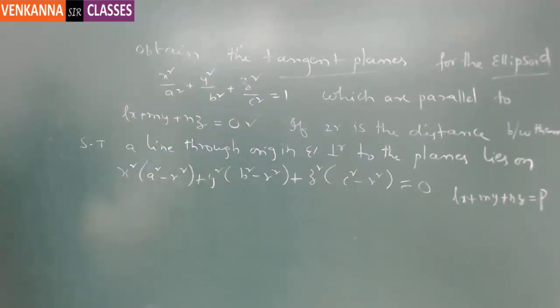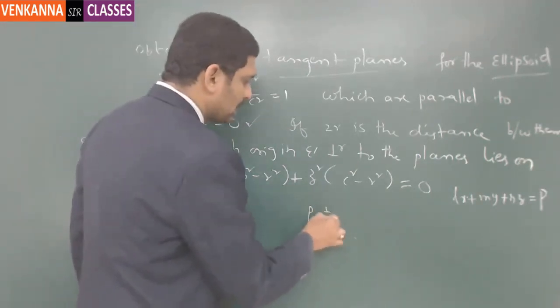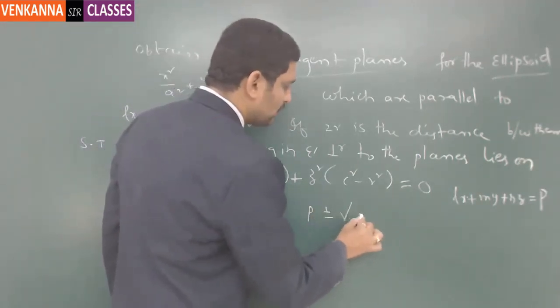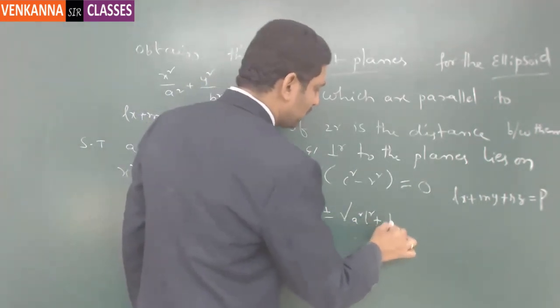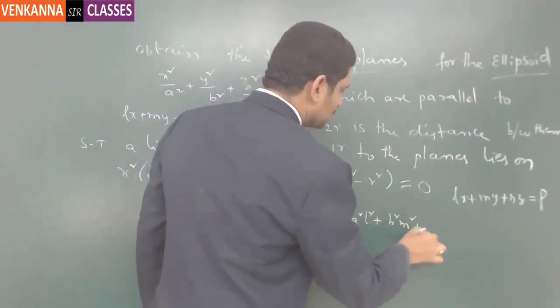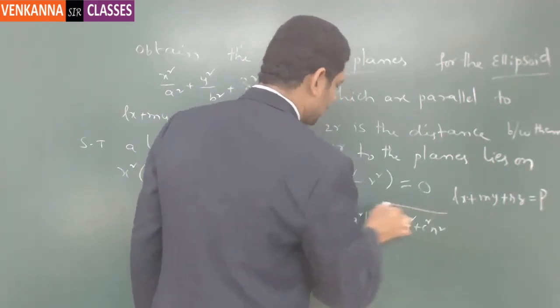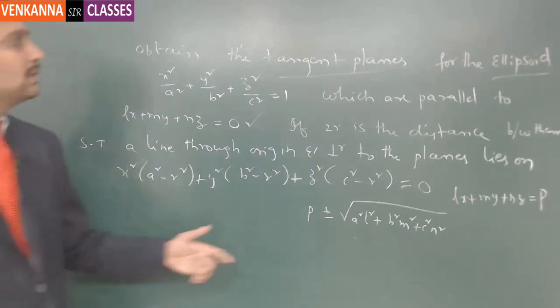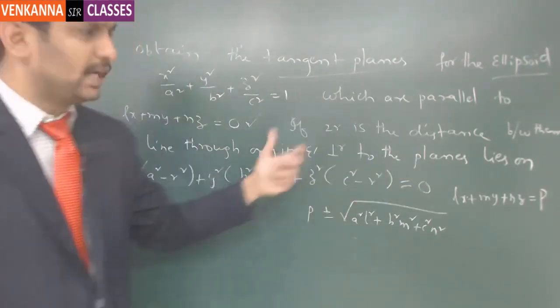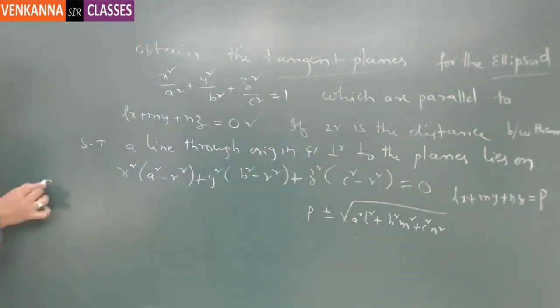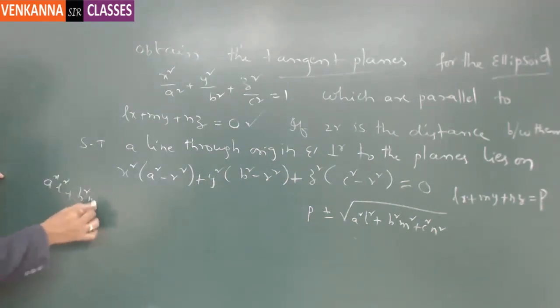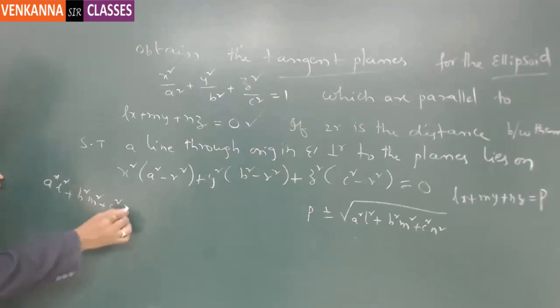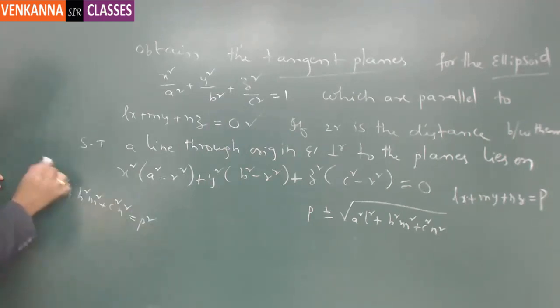From the definition of tangency, P is nothing but plus or minus square root of a square L square plus b square m square plus c square n square. Because whenever you say that the plane touches the ellipsoid, the condition of tangency, as I have stated earlier, is a square L square plus b square m square plus c square n square is equal to p square.